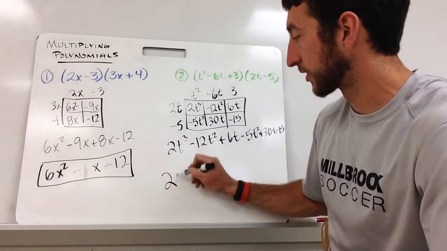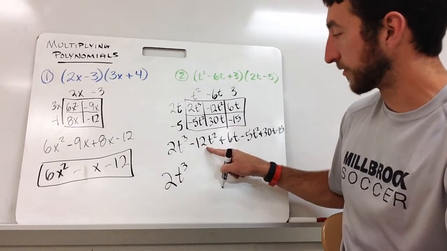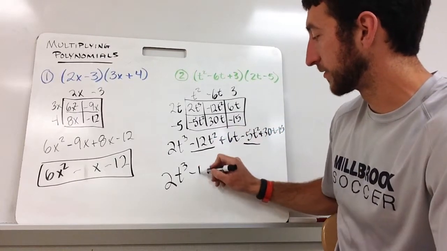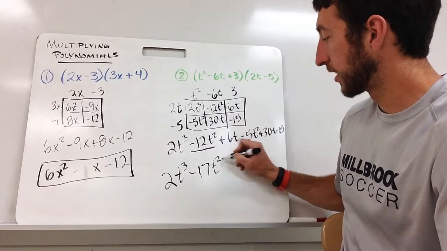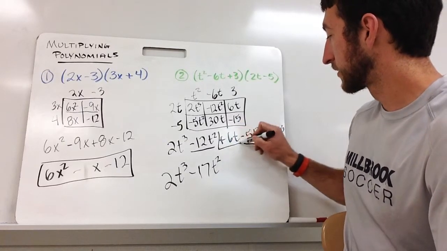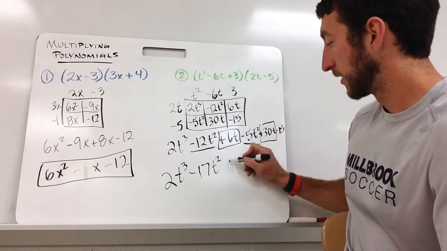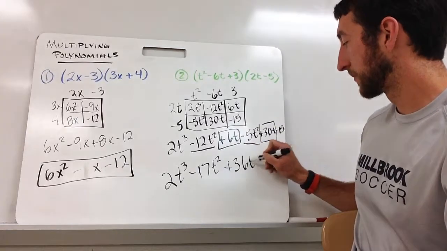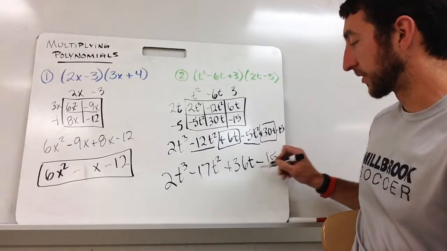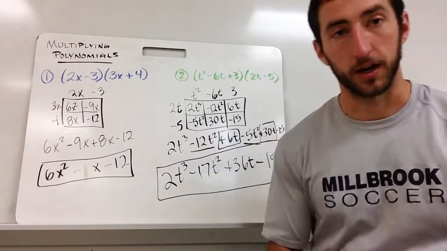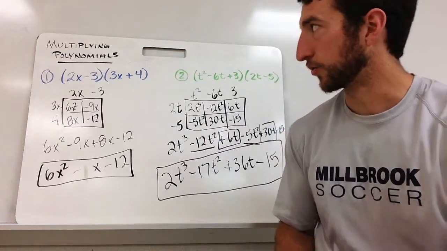Combine all my like terms, so I got 2t cubed, the negative 12t squared goes with my negative 5t squared, so minus 17t squared. My 6t goes with my 30t, so I get plus 36t, and then I got my minus 15 out there. So that is multiplying those two polynomials.